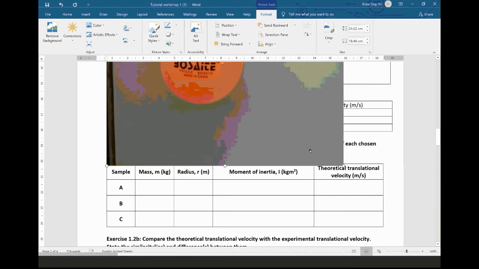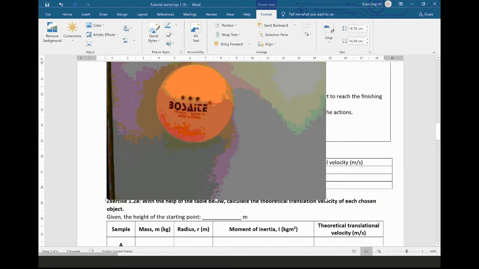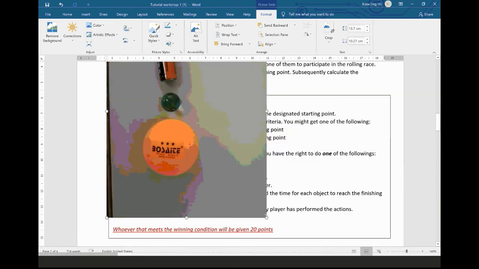Okay, these are the three objects. We have one battery, one marble, and one ping pong ball.